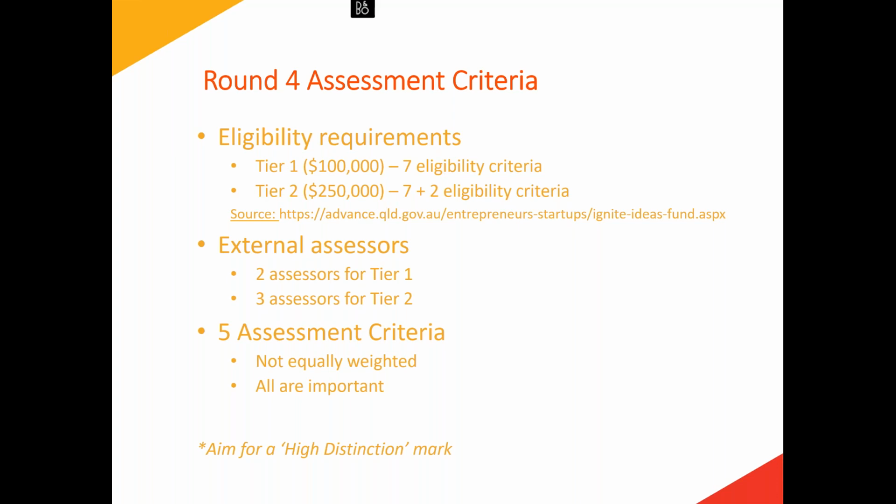In previous rounds, it's extremely competitive in terms of the number of applications that come in. And so you need to be putting together an application that's really going for gold, because if you don't, there's a fair chance that it won't get up. So we have a panel of independent assessors. These people have various backgrounds, various professional, technical and industry backgrounds. Some have been executives in big companies.